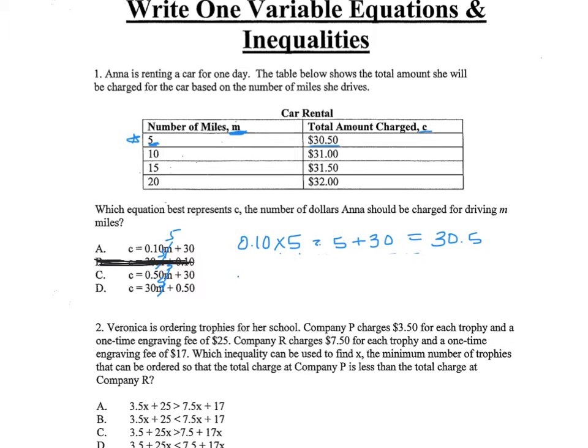The next one, I'm going to do this 0.50 times 5. 0.50 times 5 is 2.5 plus 30. And that equals 32.5. And that is not what we have up here. So again, I'm going to get rid of this so we don't get confused. And I'm going to mark that one out.